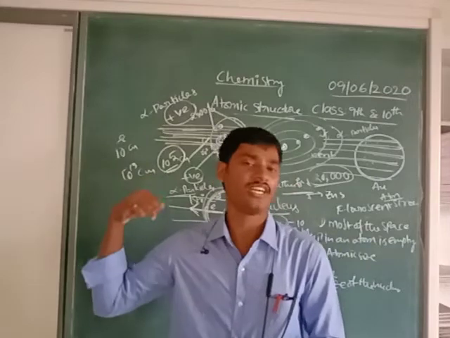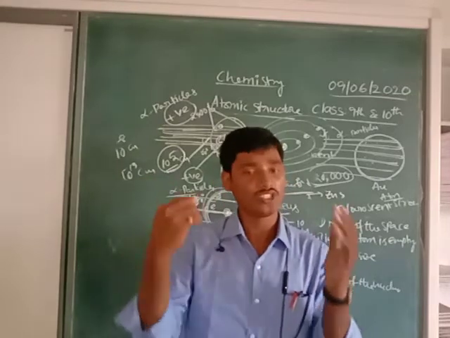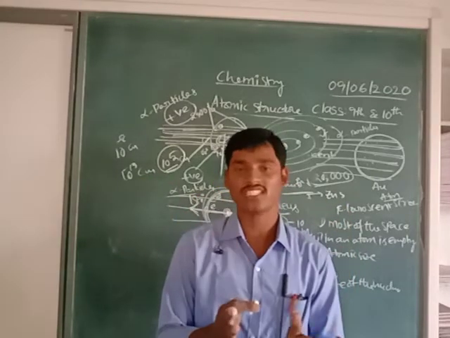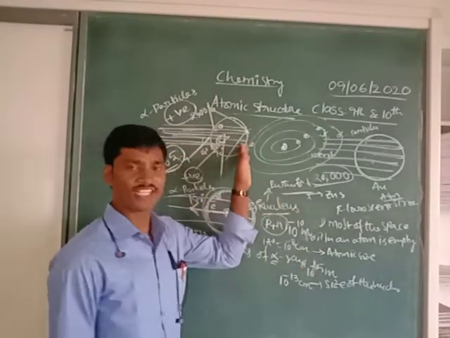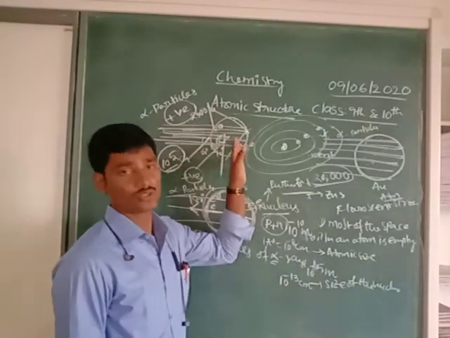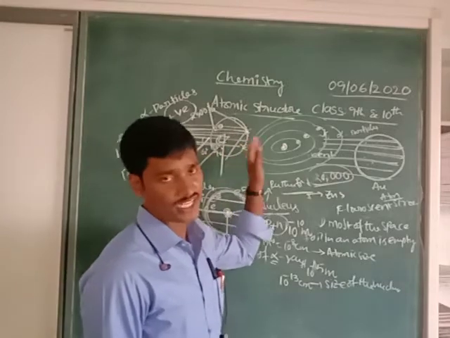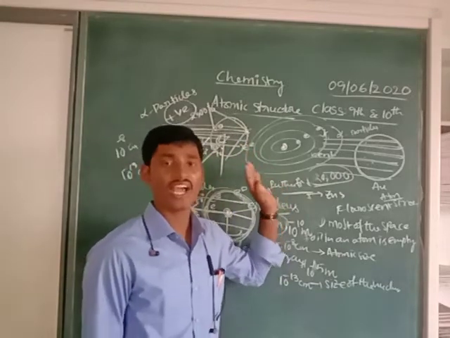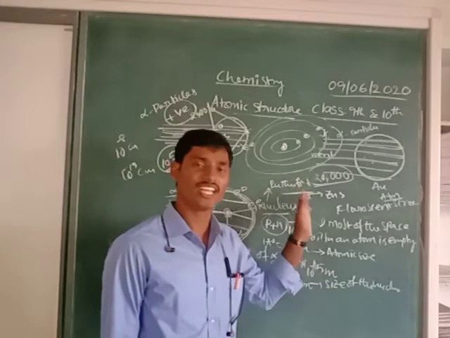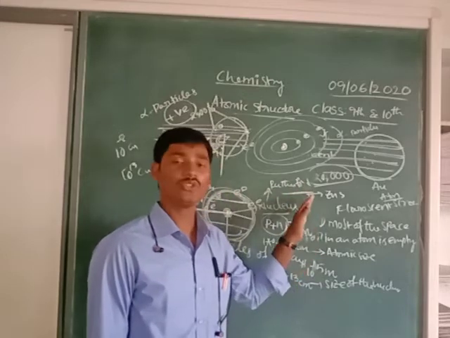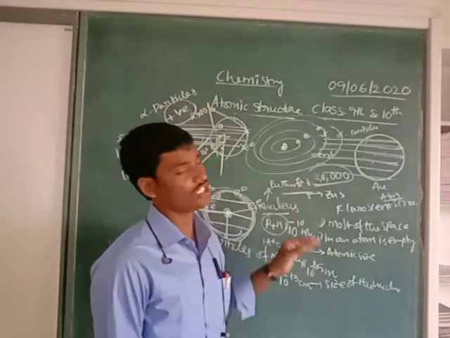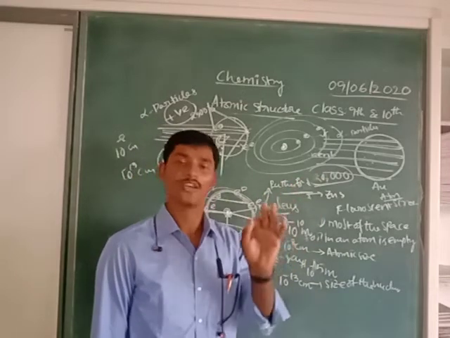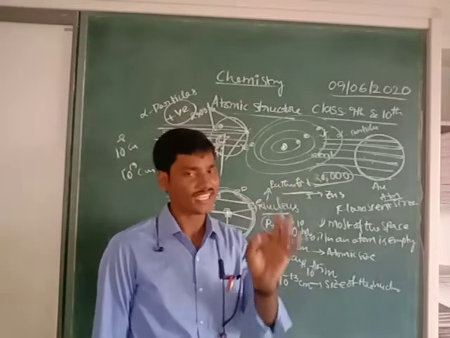That means the continuous spectrum of lines is not explained by Rutherford's experiment, children. So the first is that Rutherford does not explain the stability of the atom, and the second is that Rutherford does not explain the continuous lines of the spectrum. Right, children? These are the two drawbacks.